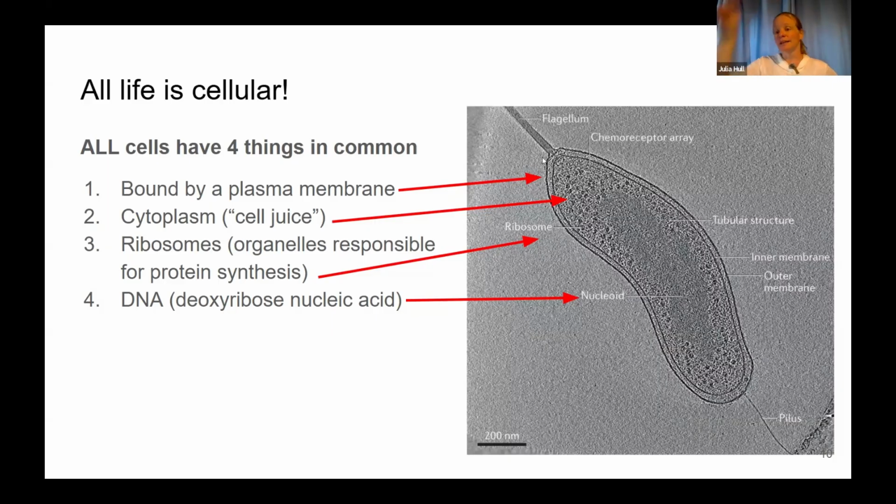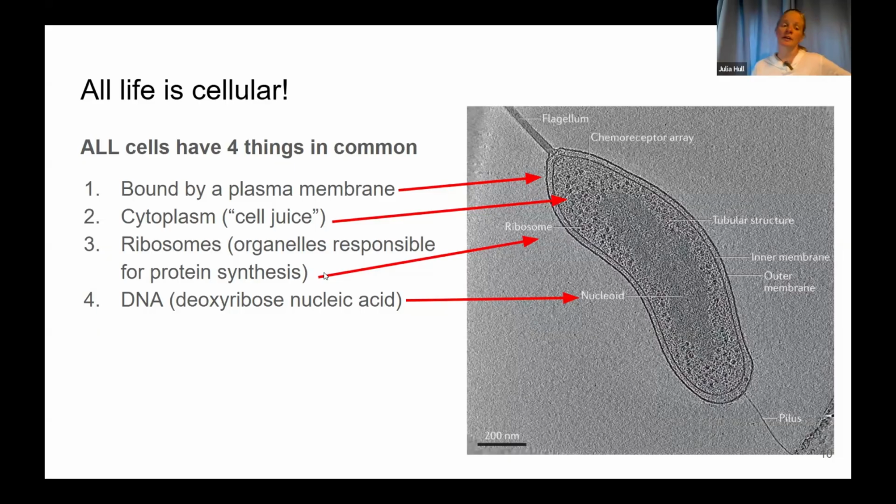On the inside of that plasma membrane is cytoplasm, or what I call cell juice. This is the gooey insides of the cells. All the organelles and all the nutrients that the cells need in order to maintain life are found in that gooey inside. So cyto means cell, plasm is the gooey bits, so we call it cell juice.